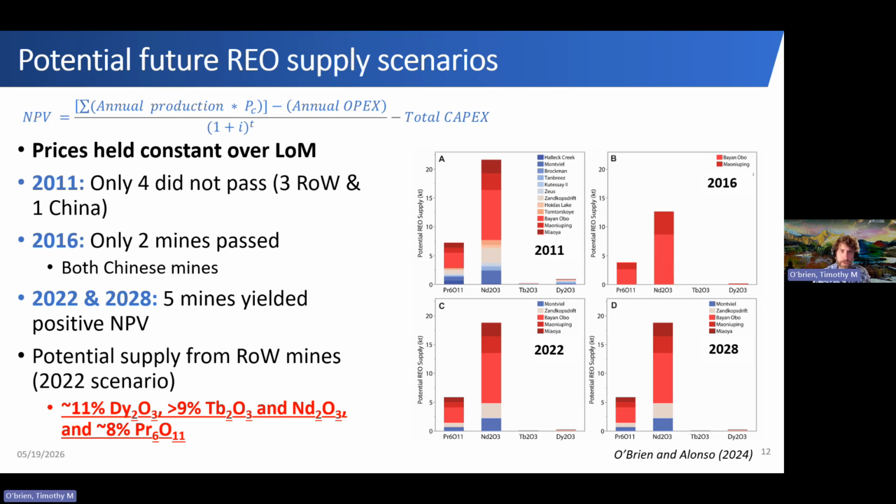If you were to include the production from those 2 projects into the total supply of rare earths, you would get around 11% dysprosium, greater than 9% terbium and neodymium, and around 8% praseodymium contributing to the global supply of rare earth oxides. And so what we see here is that from knowledge of a couple of simple mining parameters, we can estimate future supplies of rare earths and see which projects may have the potential to be economically cost competitive.